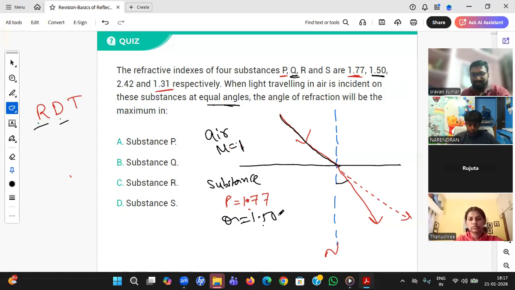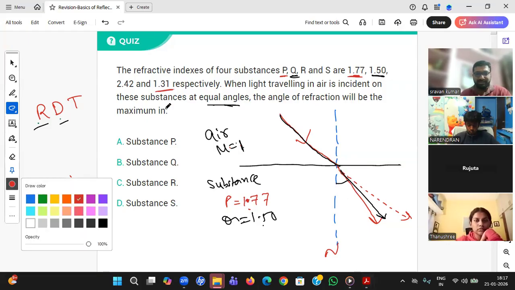But as it is less than 1.77, it will bend a little. Initially it was 1.77, more bend. If there are more people in 1.77, it will bend more. 1.50, less people, it will bend less.